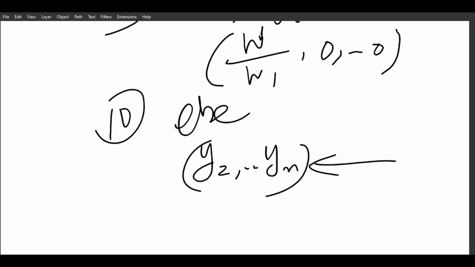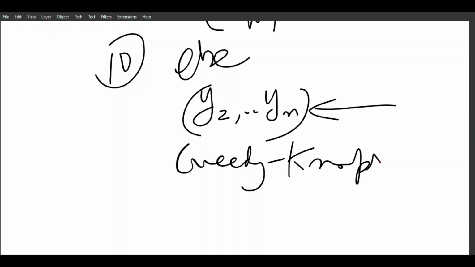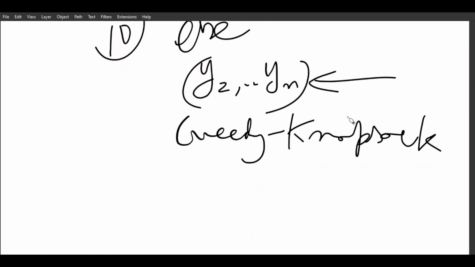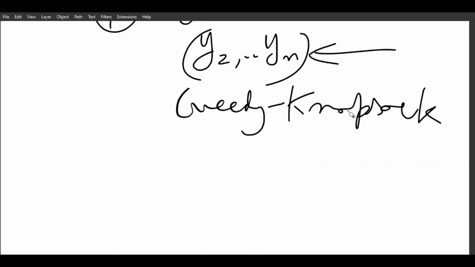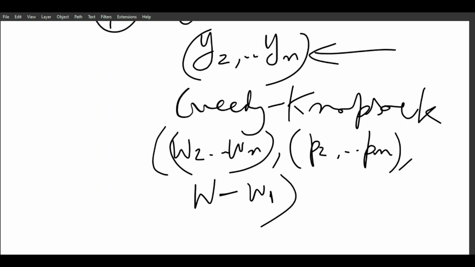Recursively solve this greedy knapsack smaller problem, where the first item is missing and the knapsack capacity is reduced. So the set of weights are w2 up to wn, the set of profits are p2 up to pn, and the knapsack capacity is reduced from capital W by subtracting w1. So this is our smaller subproblem.